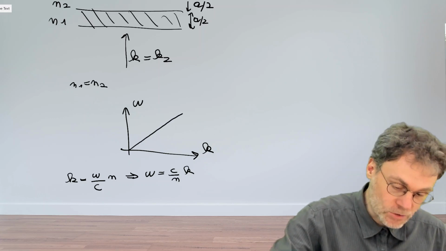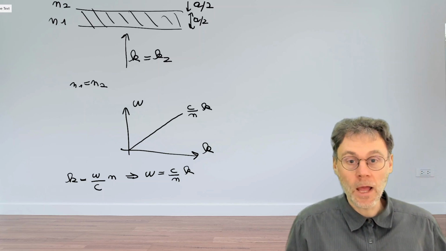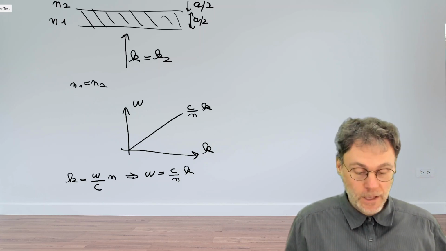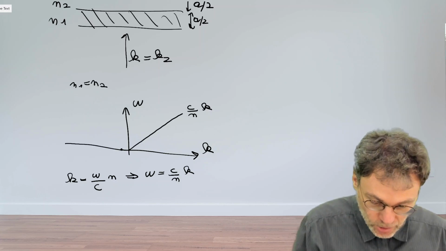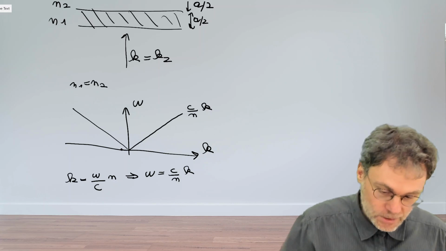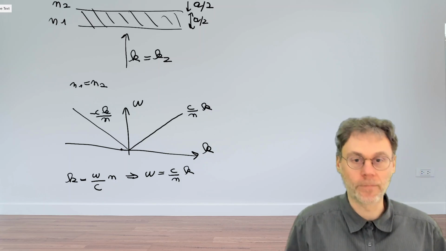So we have basically a straight line here with slope c over n. Now, that's actually correct, but it's not complete because there's another branch that looks like this, which is minus cK divided by n.